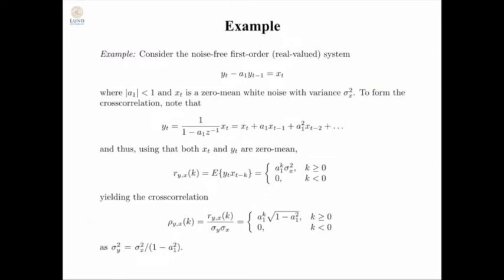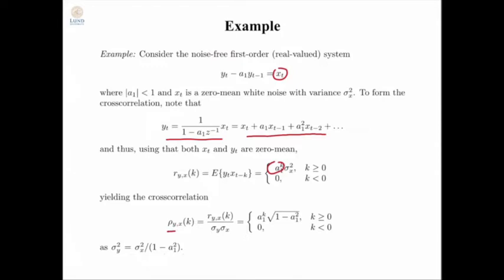Now, let's look at an example where we have an input. This is an AR1, so here x of t is our input. This is a real valued system, and I would like to determine the model order for it. If I rewrite the process as a transfer function and do the polynomial division, I get an infinite sequence of a1, a1 squared, and so forth. So if I rewrite the cross correlation, I get an exponentially decaying component.